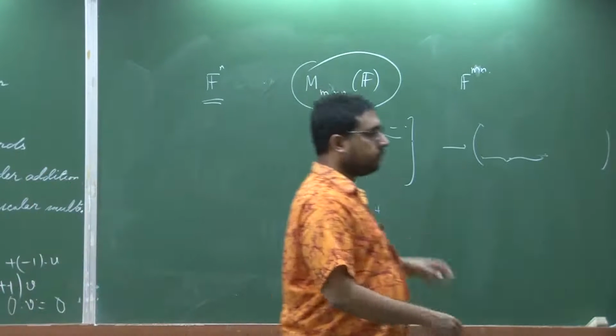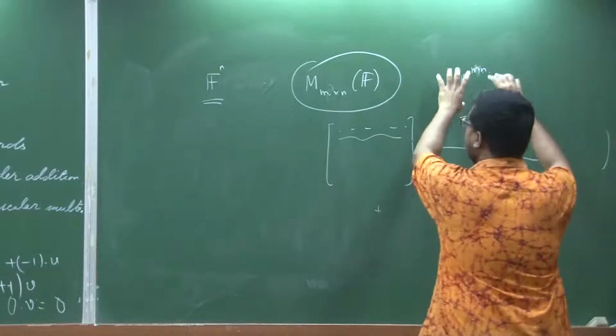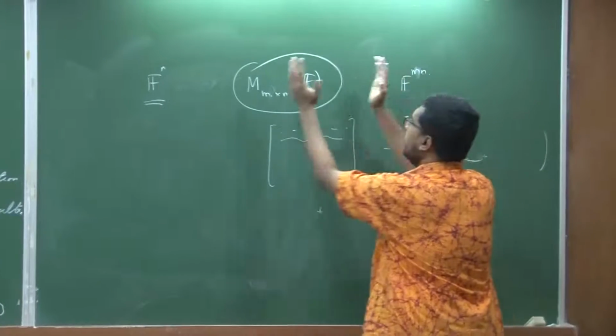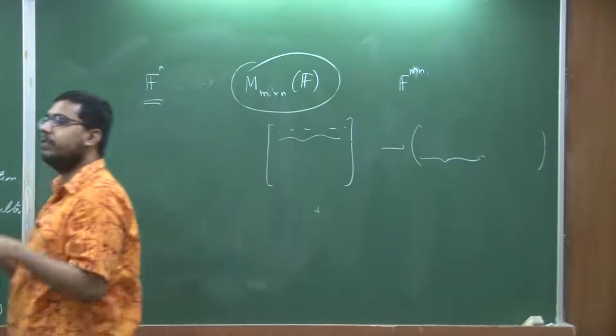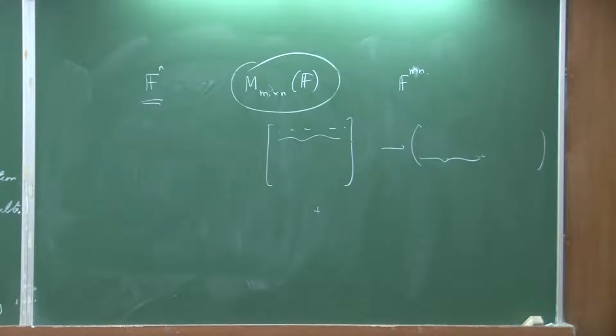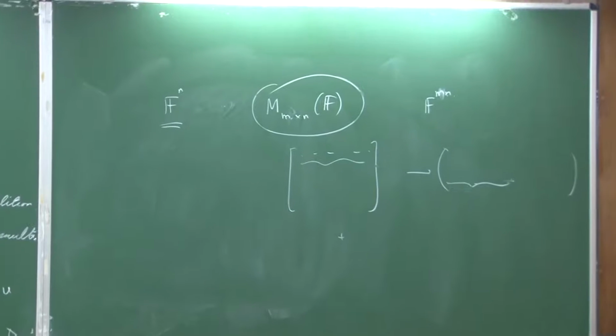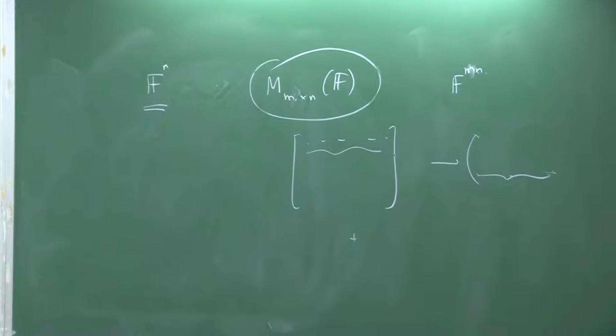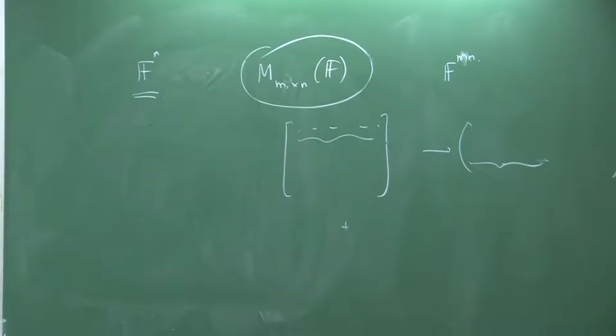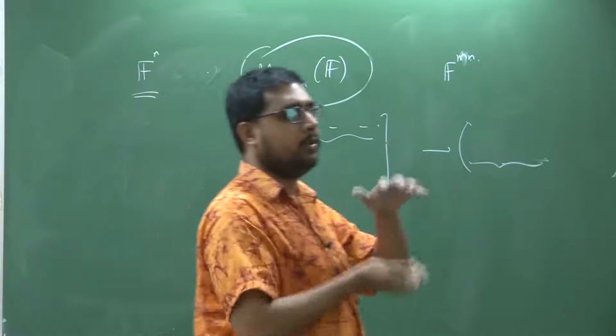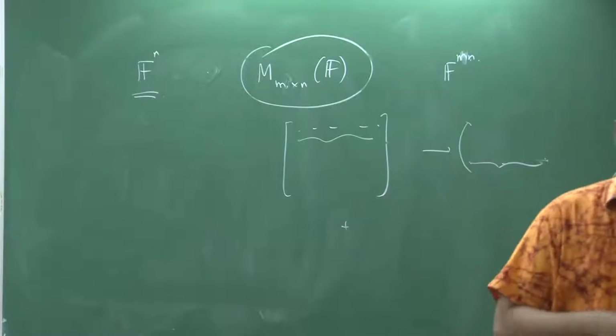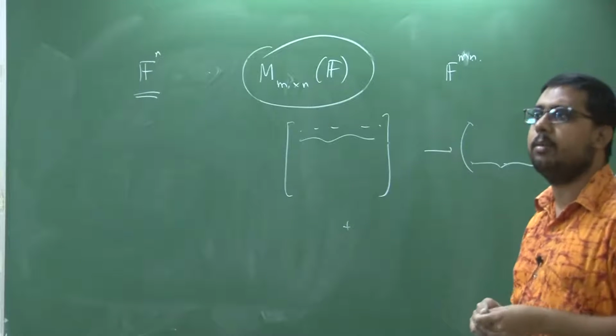Though the elements of this space and that space look different, as far as the structure is concerned, and the structure comes from addition and scalar multiplication, they do not seem to be much different.